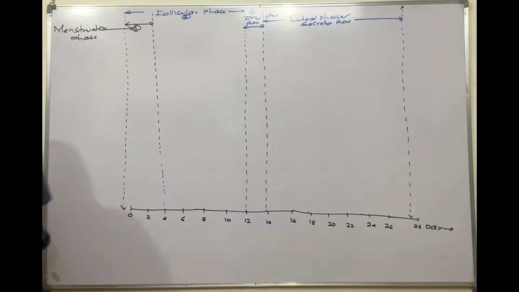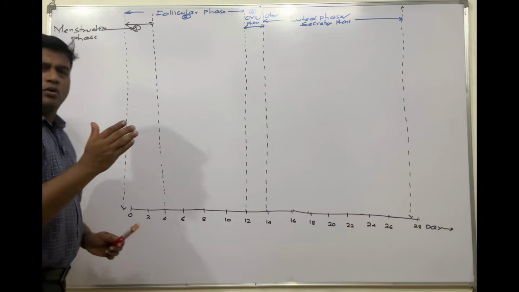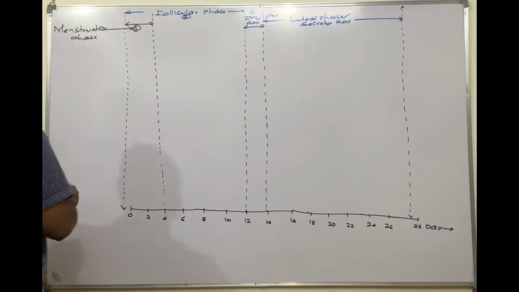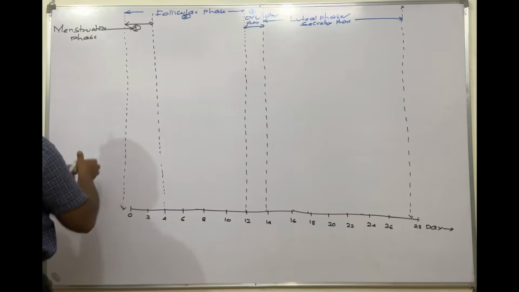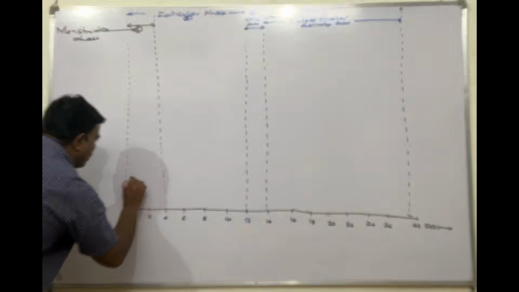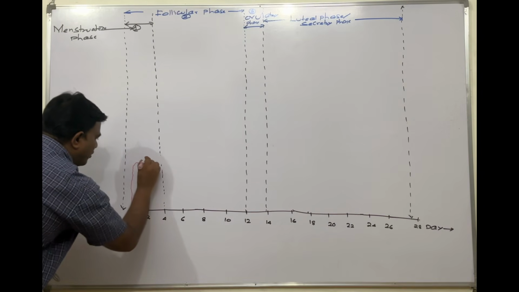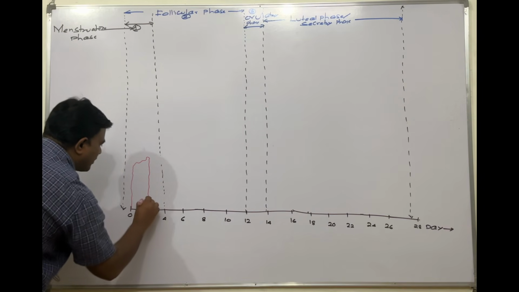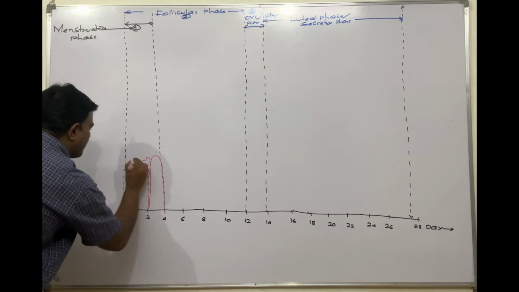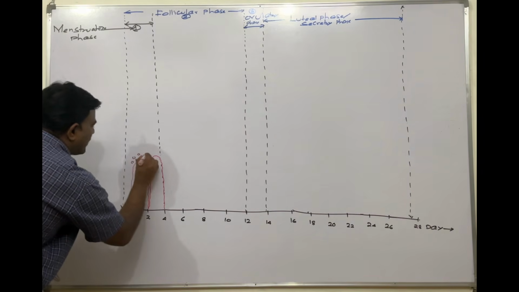Now see my red pen, which will show the endometrium, how the endometrium looks. On the day of menstruation, the endometrium which has grown, the coiling goes on, but it is debrided. The sloughing is going on.